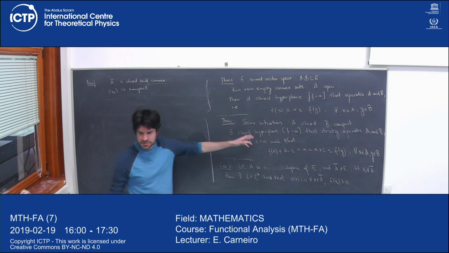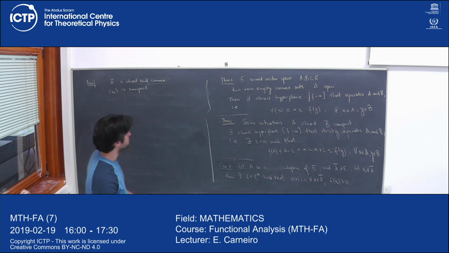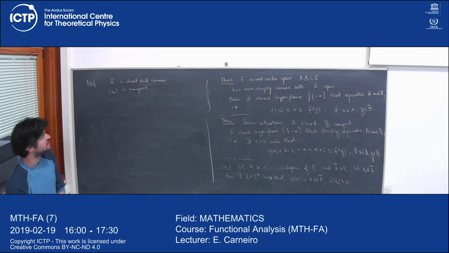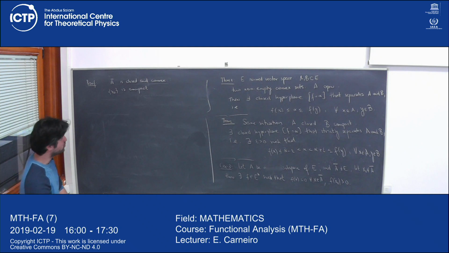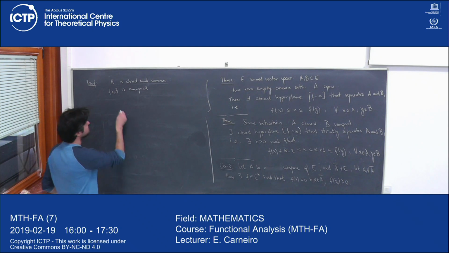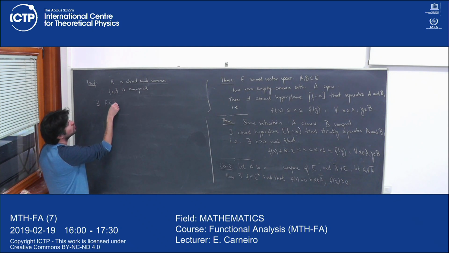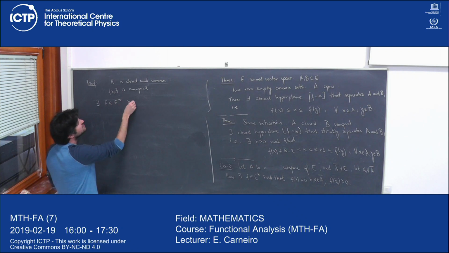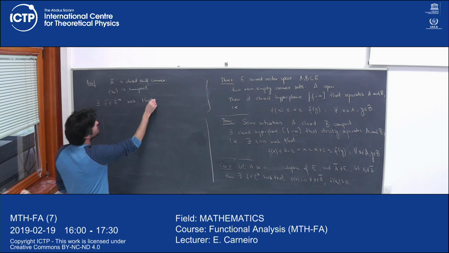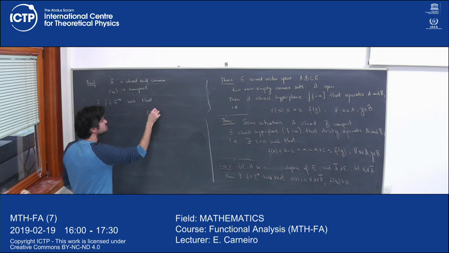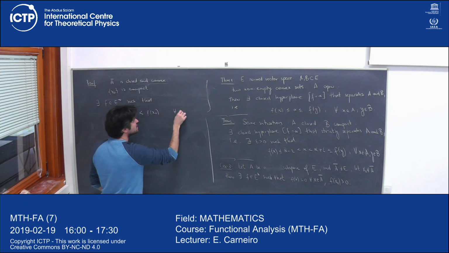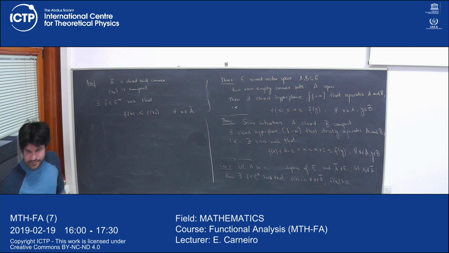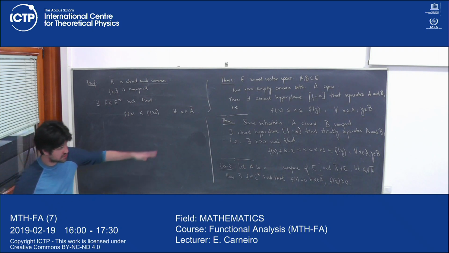So you can use this version of the Hahn-Banach theorem to separate a closed and convex set from a compact and obviously convex set, because it just has one point. So this means that there exists, say, an f in the dual such that f of x0 is strictly bigger than f of x for any x belonging to this closed set, A bar. This is what this theorem says.